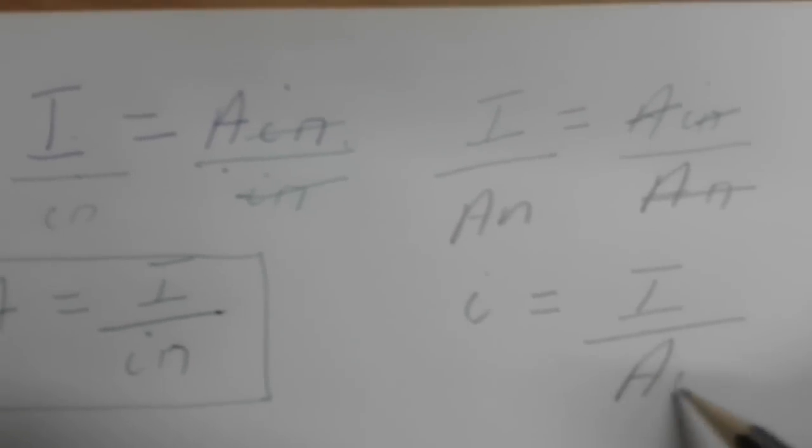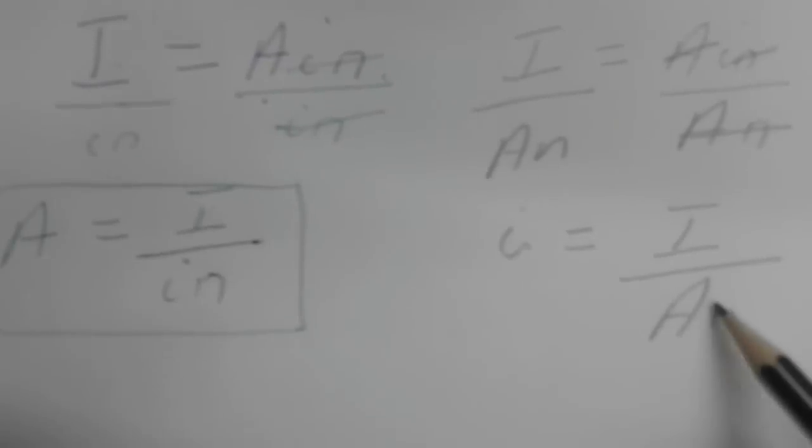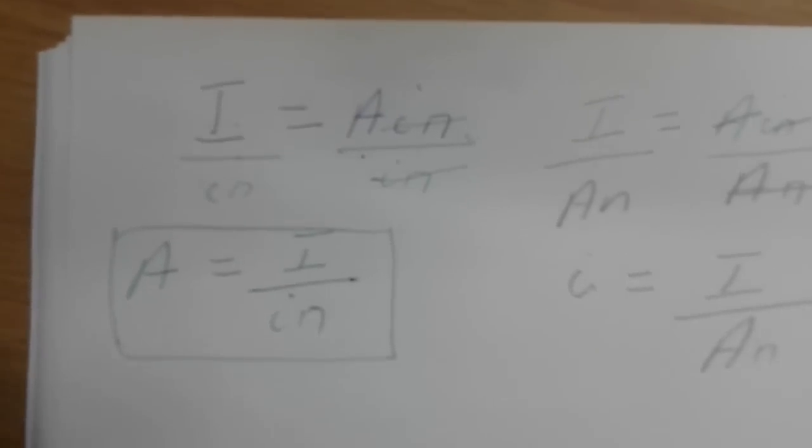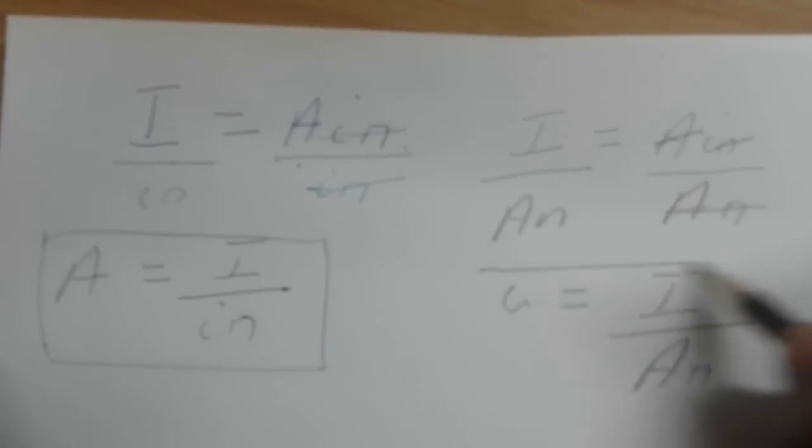So An will cancel with An, then I remain with the small i. Therefore, i is equal to the big I divided by An. But remember, the answer you are going to get here is going to be a decimal, so you must multiply it by 100%. So this is the second one.